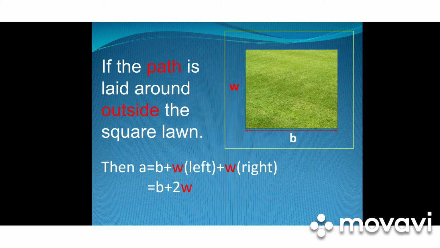Therefore A equals B plus 2W. We use this to find the path area if the width is given.